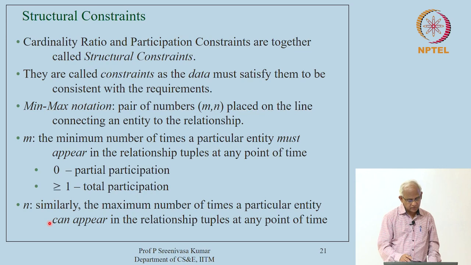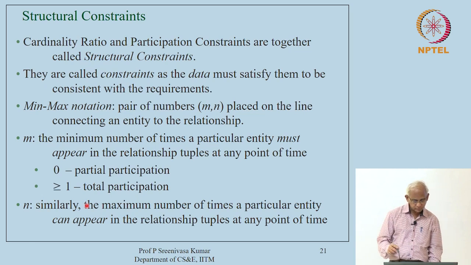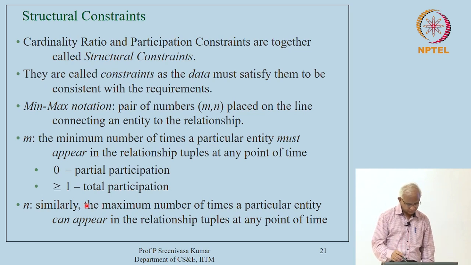That way, this min max notation, as far as binary relationships are concerned, will capture the cardinality ratio and participation constraints together, and in fact slightly generalize them to make them even more precise, because instead of simply saying many, we can now put a concrete number there. So, it is useful to have such a facility.